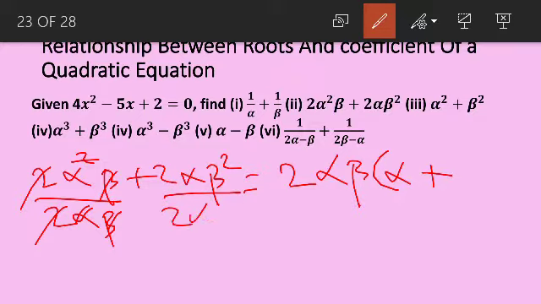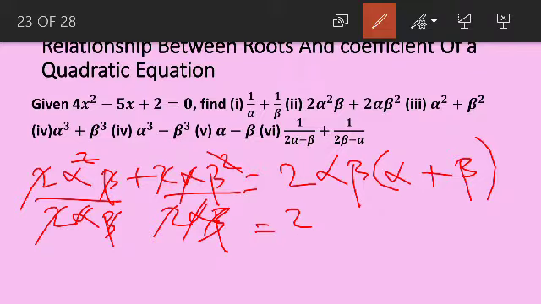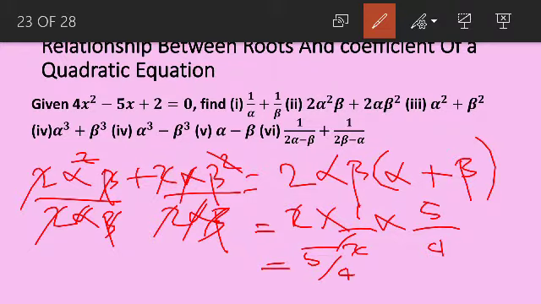The same thing for the second term: 2 alpha beta cancels 2, alpha, and one of the betas, leaving you with beta. So we have 2 alpha beta times alpha plus beta. Substituting the values, this is 2 times 1 over 2 times 5 over 4, which when we are done multiplying, our answer is 5 over 4.